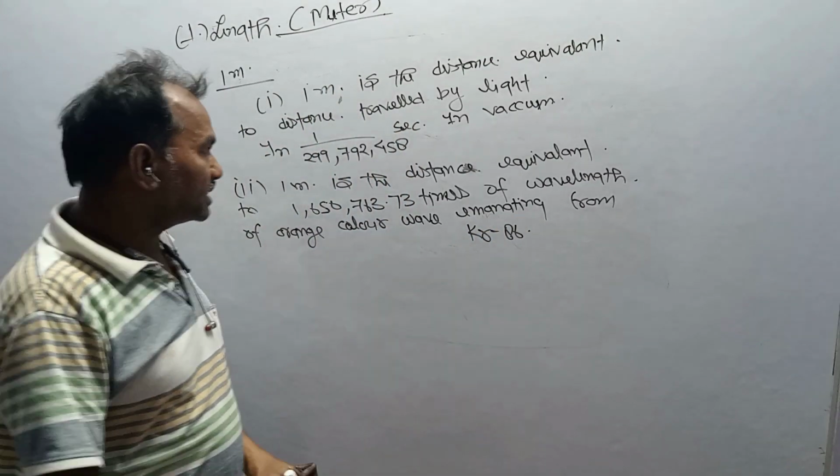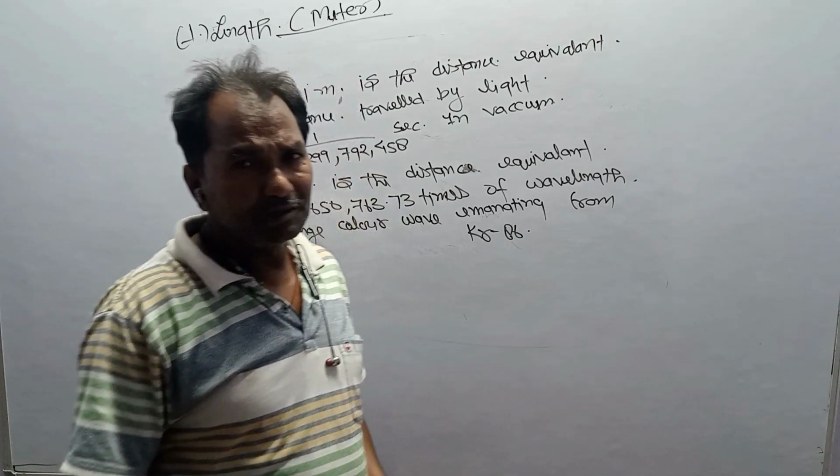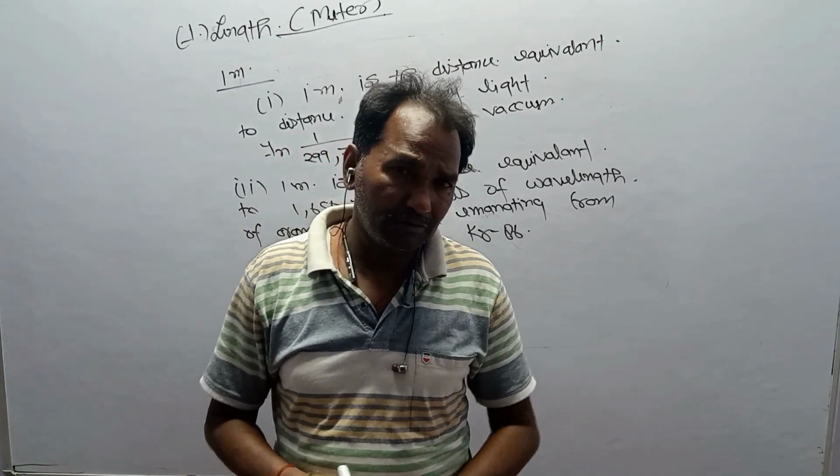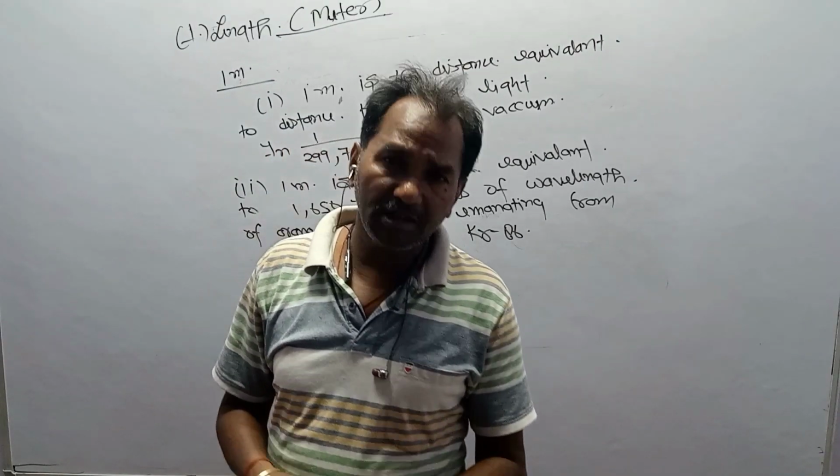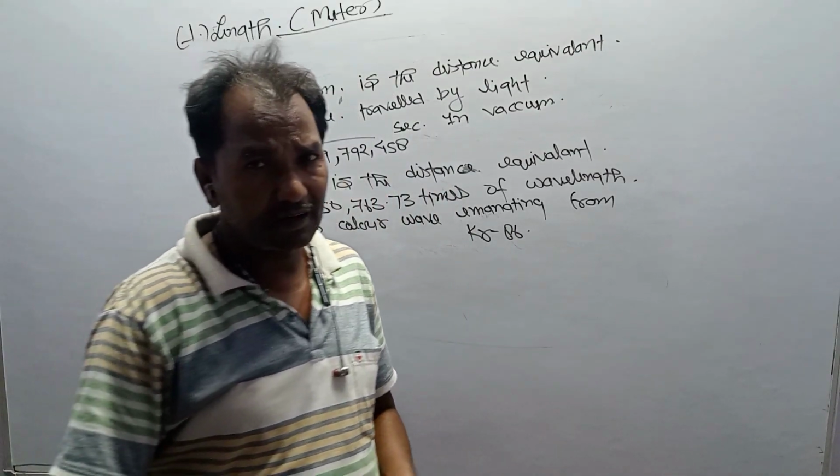Dear students, this is another definition. You know the inert gases above, the 6 inert gases: helium, neon, argon, krypton, xenon and radon.